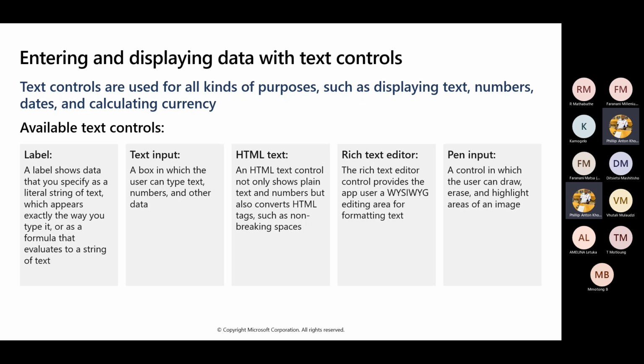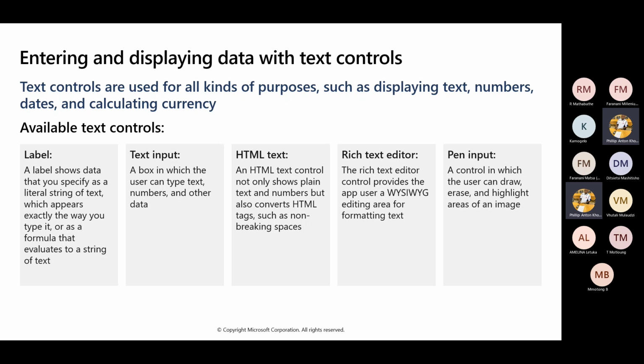An HTML text control not only shows plain text and numbers, but also converts HTML tags such as non-breaking spaces. And we also have what we call a rich text editor. The rich text editor control provides the app user with an editing area for formatting text.